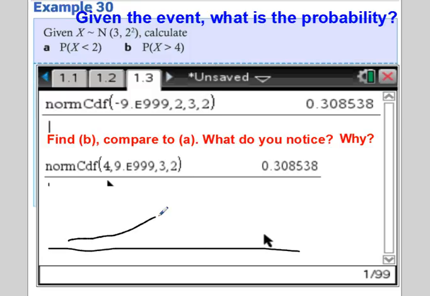So if I sketch this normal distribution curve, even a really bad sketch where I put the mean in the middle, which is 3, and then the event here is 4, and think about this probability, and then the other event here with 2, and think of this probability, you can clearly see by symmetry those are going to be the same.